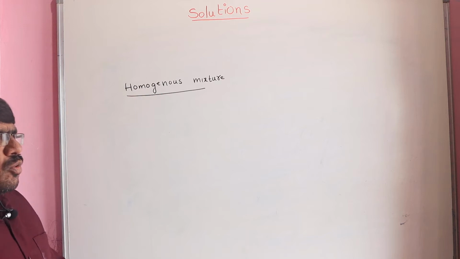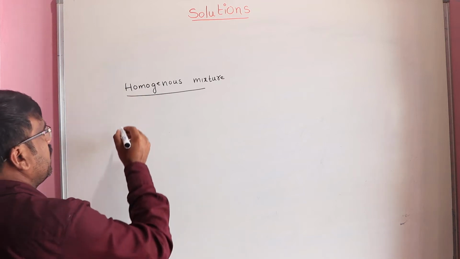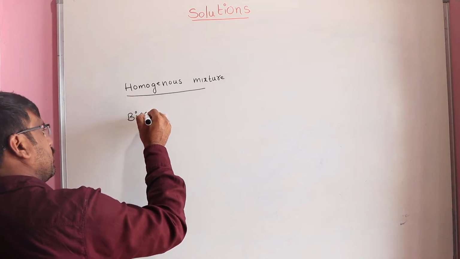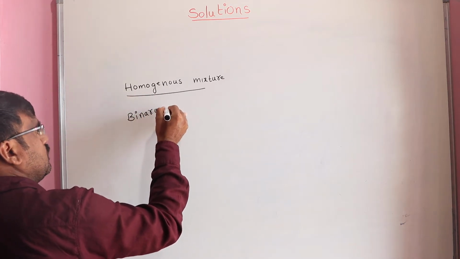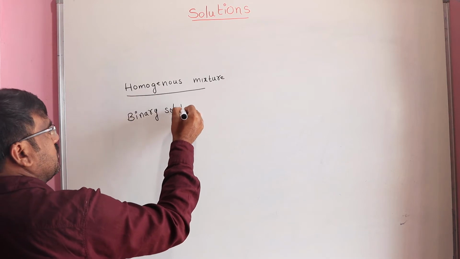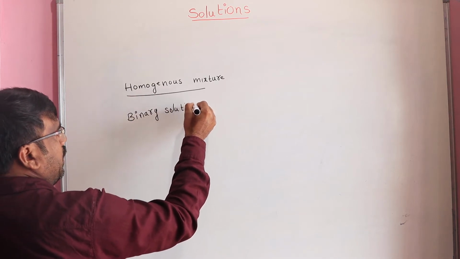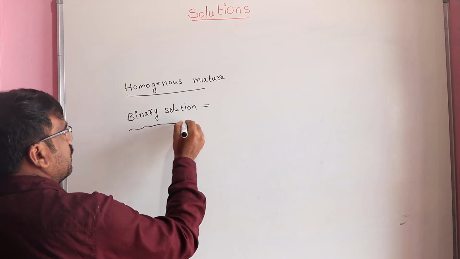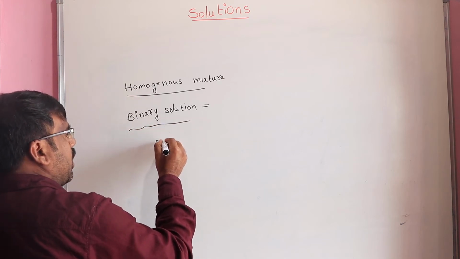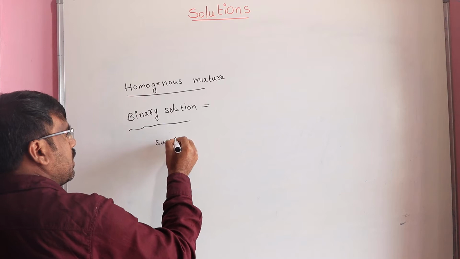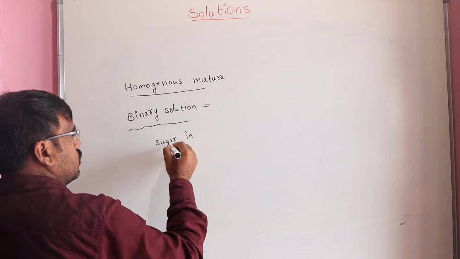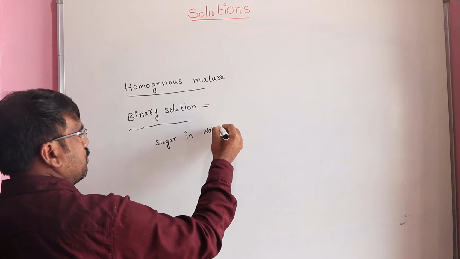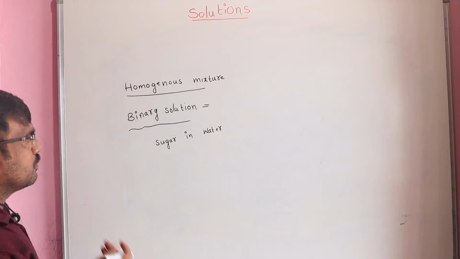If a solution consists of only two components, then it is known as a binary solution. For example, sugar in water is an example of a binary solution.